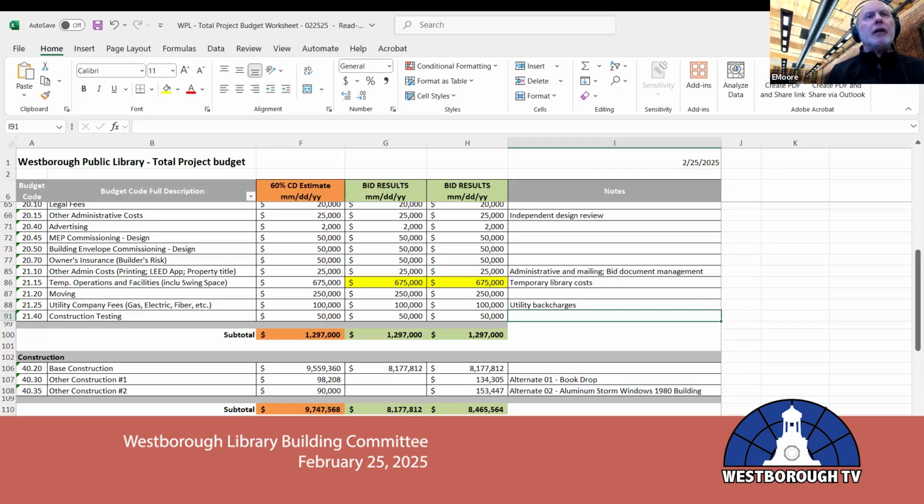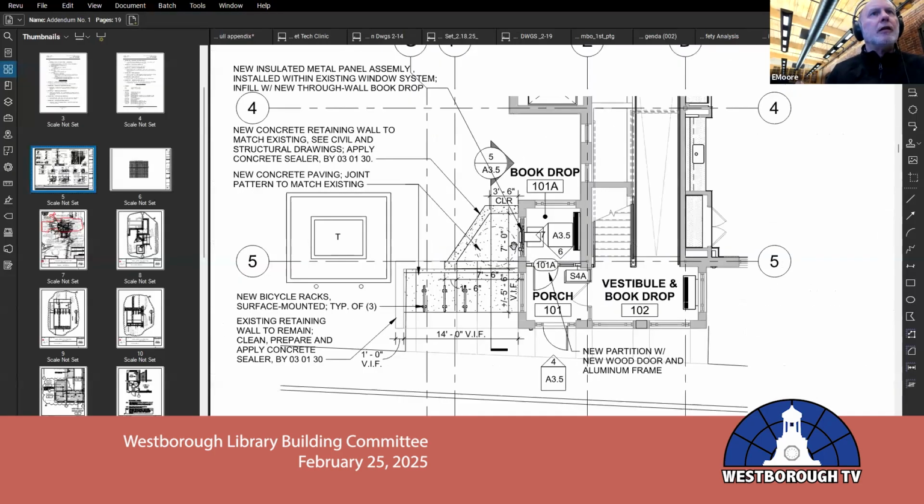There was some work to remove the glass in the window there and install a new book drop with a cart that would be on casters that would hold a large number of books. And then there was some outside landscaping, and I believe we were replacing the bicycle racks there. Yes. Christina, chime in if I've missed anything.